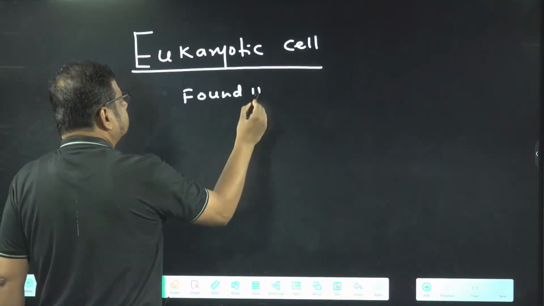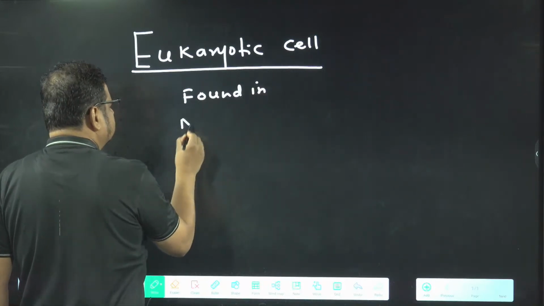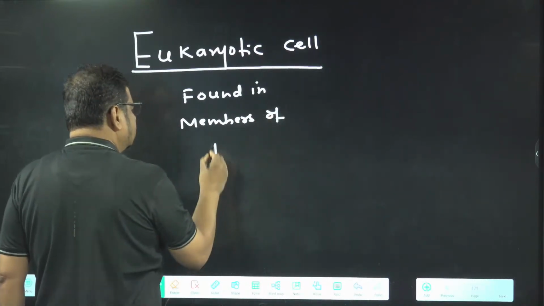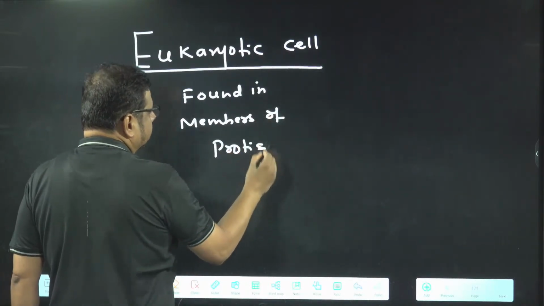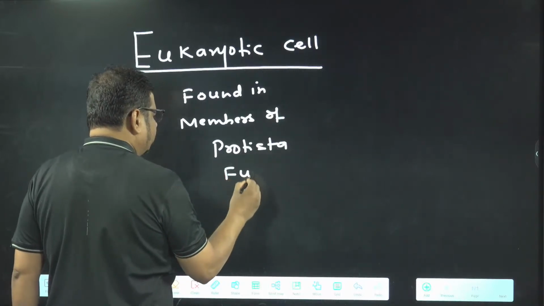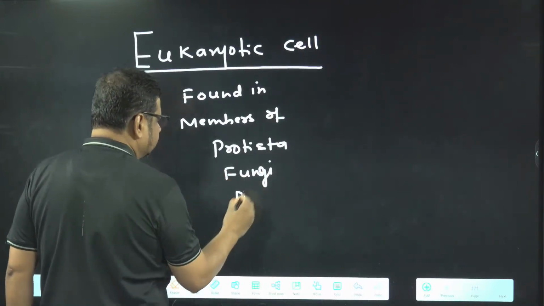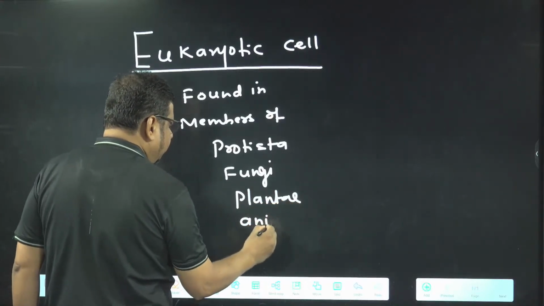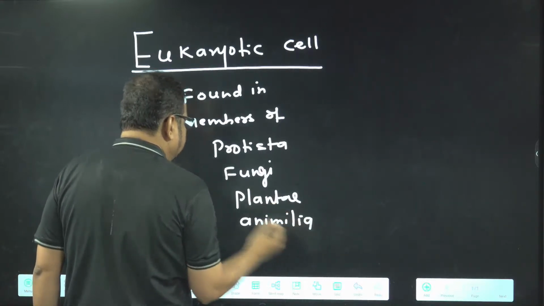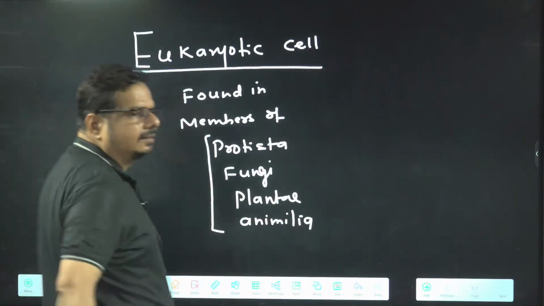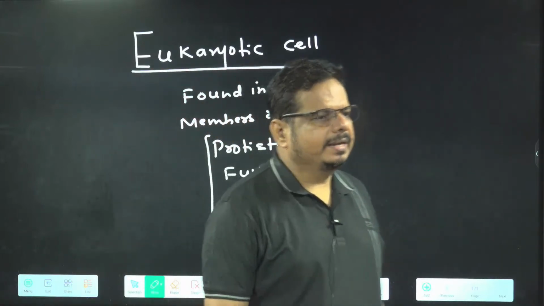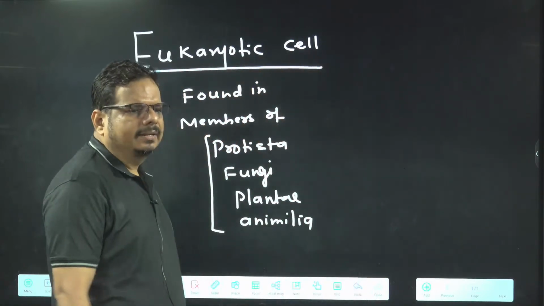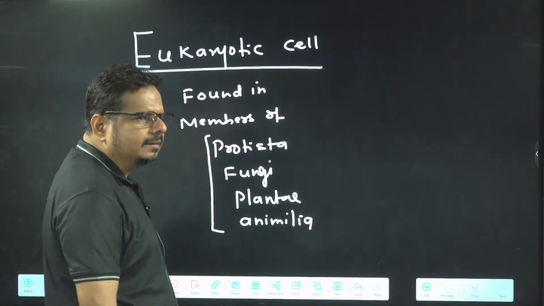Found in members of protista, fungi, plantae, and animalia. Means except monerans, members of every kingdom, according to 5 kingdom, have which kind of cell? Eukaryotic cell. Is it clear?